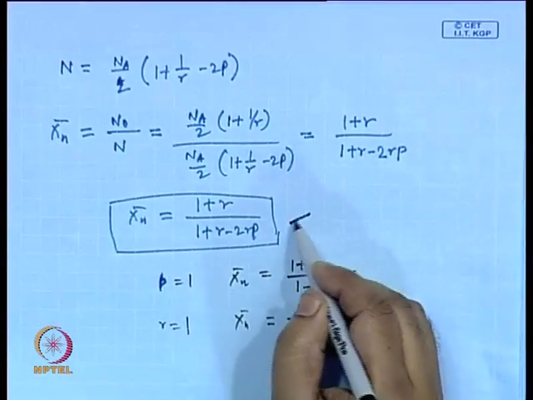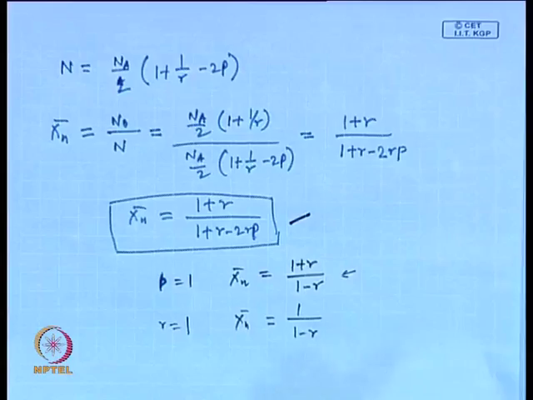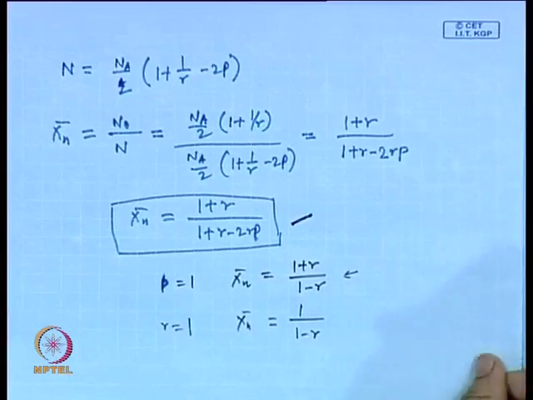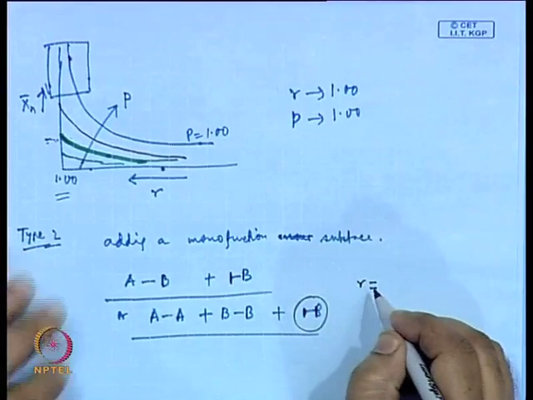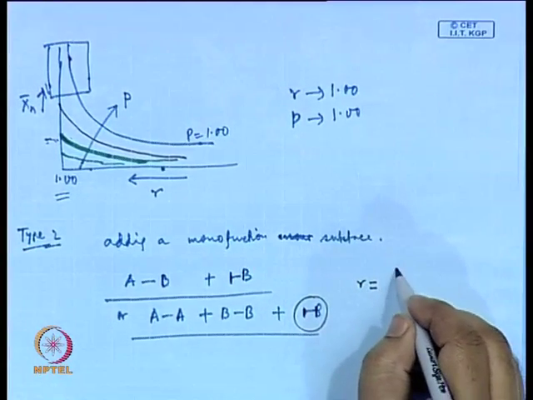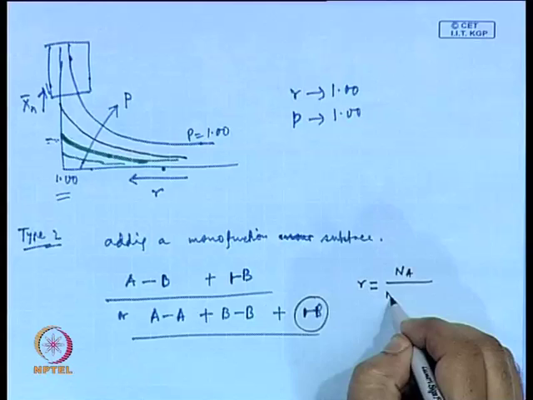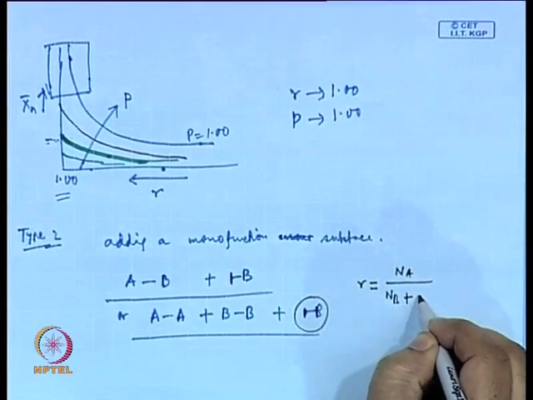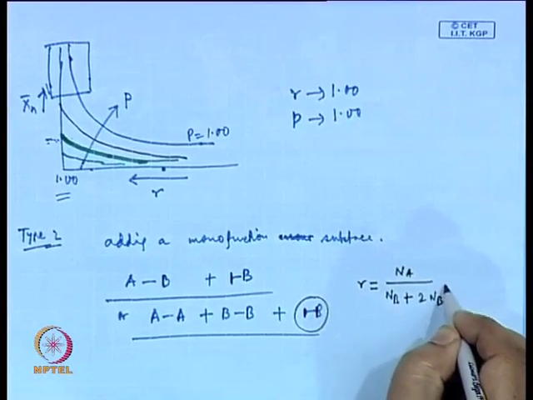The only difference is that in this case R is defined as Na over (Na plus Nb plus 2 Nb dash).